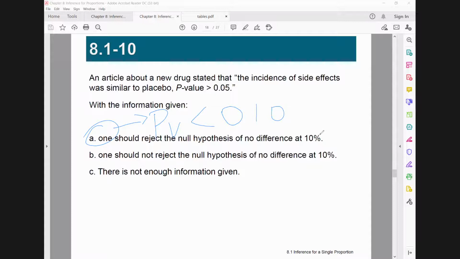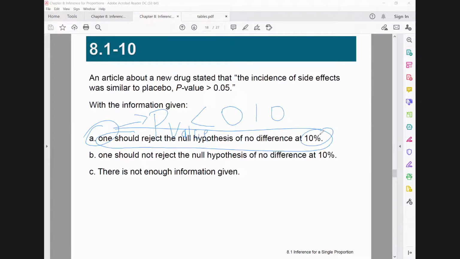Is this statement true? Is the p-value less than 10%? Because we can reject the null hypothesis once alpha is equal to 0.10. When do we reject the null hypothesis? As you know, when the p-value is less than alpha.